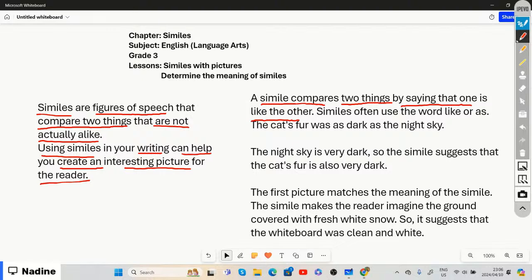We can either use words like "like something" or "as something." Similes often use the words like or as.